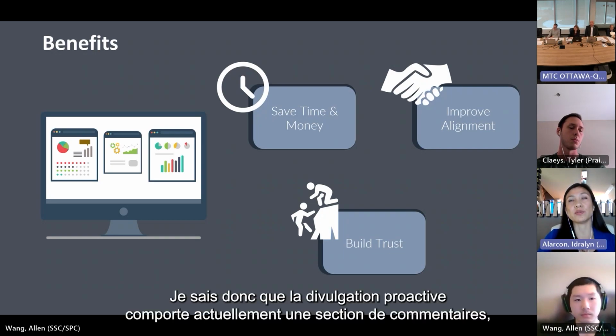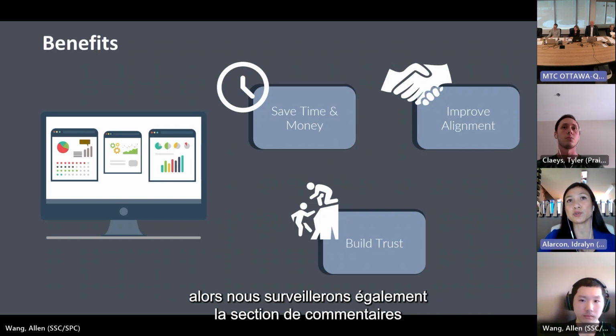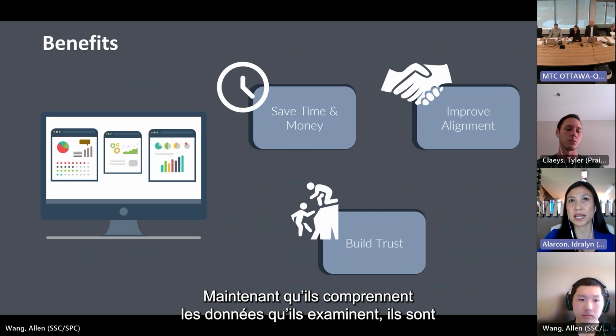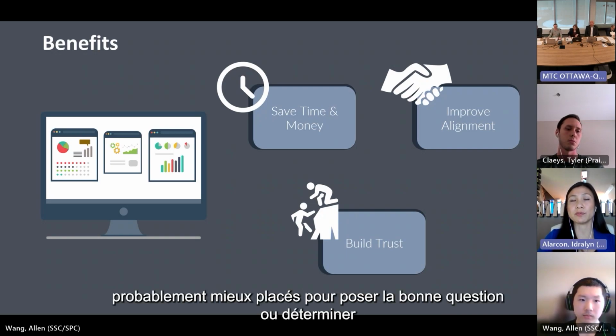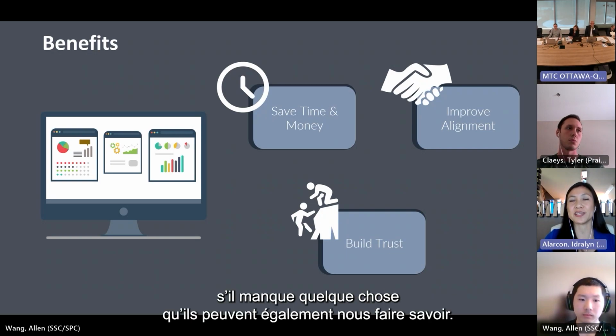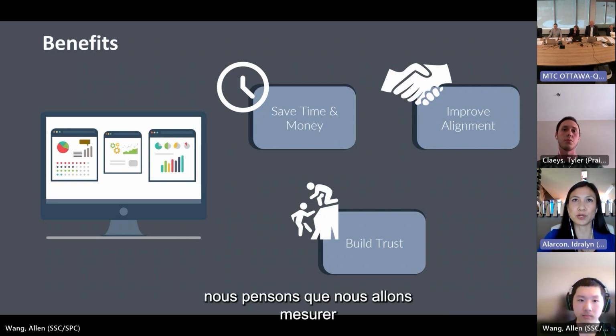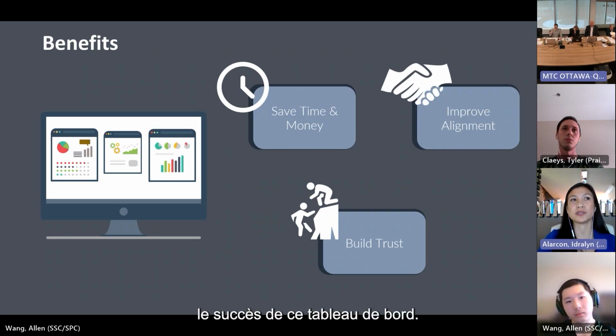So I know the proactive disclosure right now has a comment section, so we will be monitoring the comment section as well to see if there's more positive feedback or room for improvement. Now that they understand the data they're looking at, they're probably better able to ask the right question or figure out if there's anything missing that they can let us know. So those are how we feel we're going to be measuring the success of this dashboard.